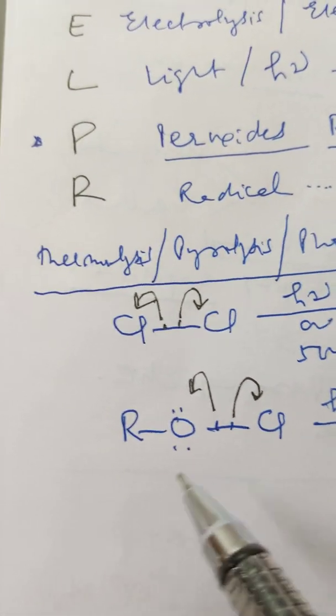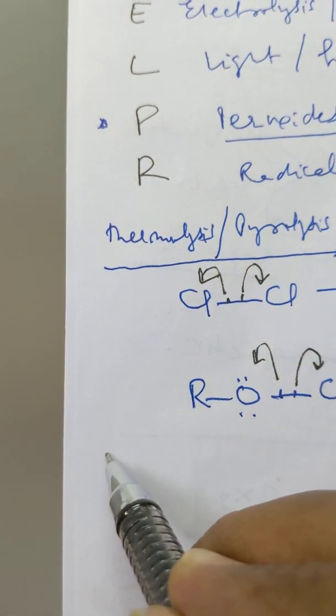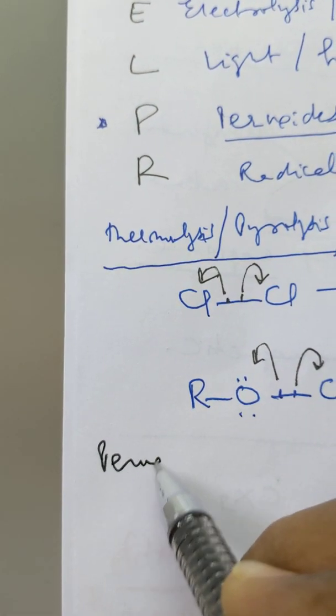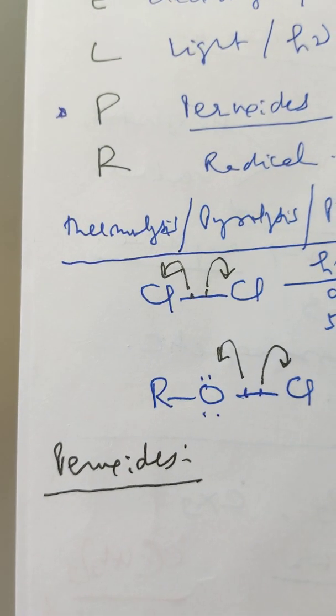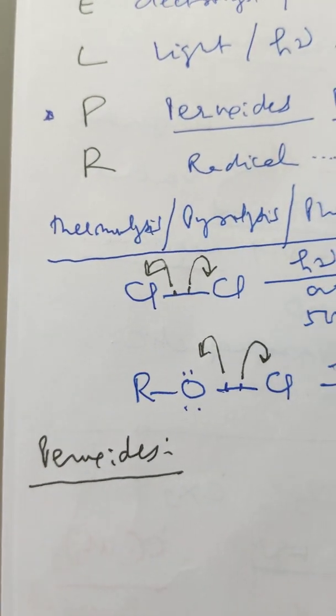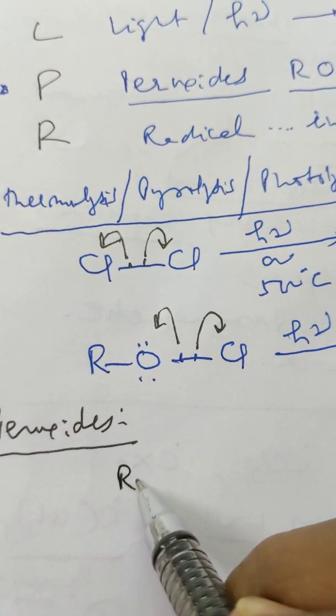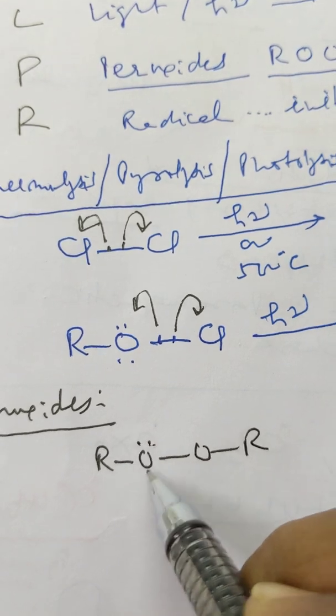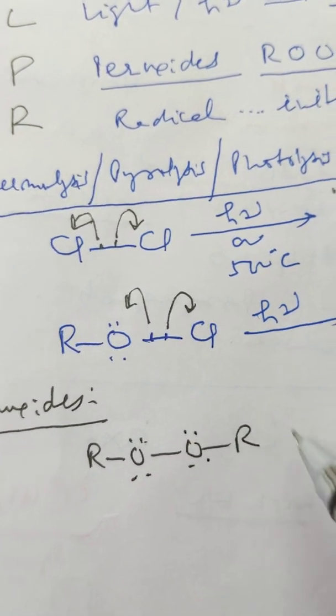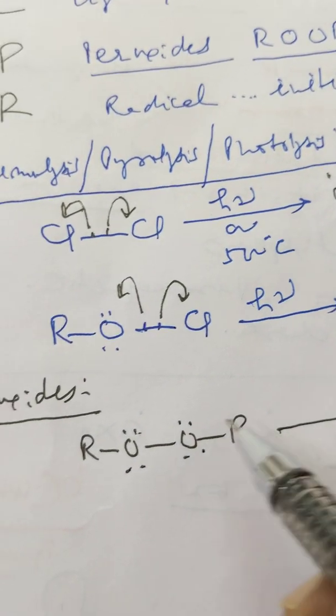Similarly, let us take some examples of peroxides. In many cases, free radical is formed by peroxides. For example, in general we can represent it like this, R O O R. Now you can see here why peroxide forms easily.